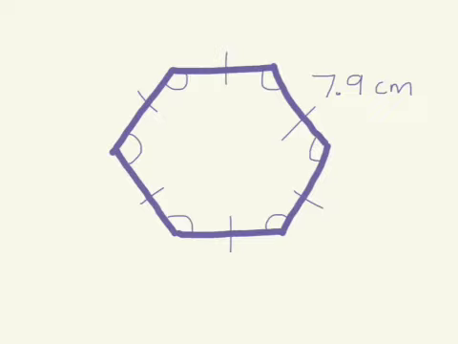We could figure that perimeter out by adding up all of the sides. 7.9 plus 7.9 plus 7. Okay, there's got to be a faster way. A hexagon has 6 sides because hex or hexa means 6. So basically we have 6 groups of 7 9/10. Yeah, it's a multiplication problem.